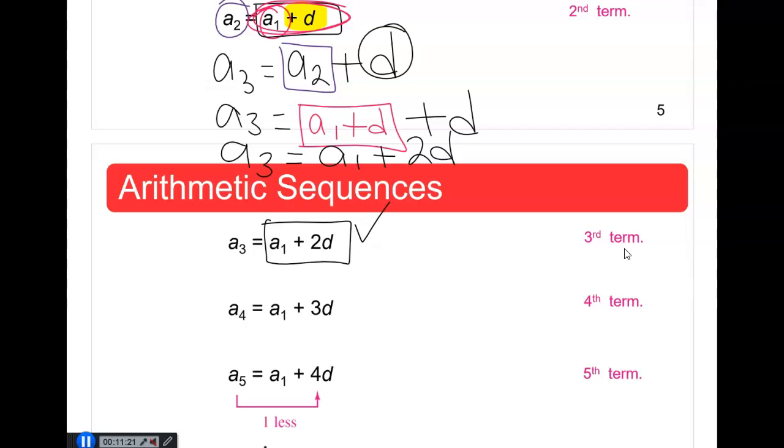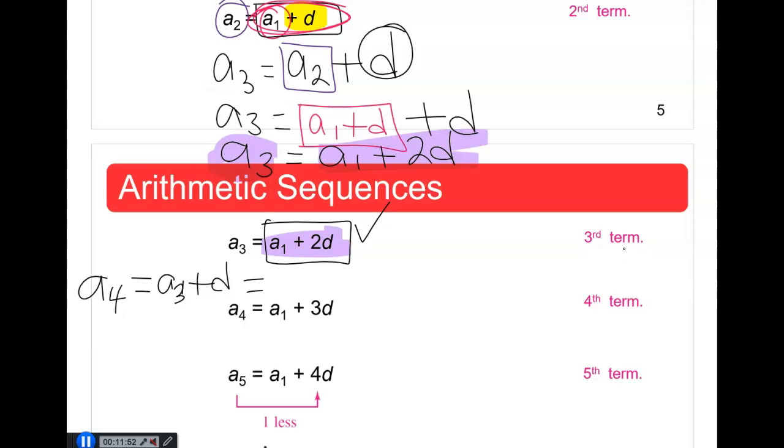So if we look at a sub 4, it could be equal to a sub 3, I should say, plus d by logic. But we already know that a sub 3 is equal to a sub 1 plus 2d, or actually we could just get that from here.